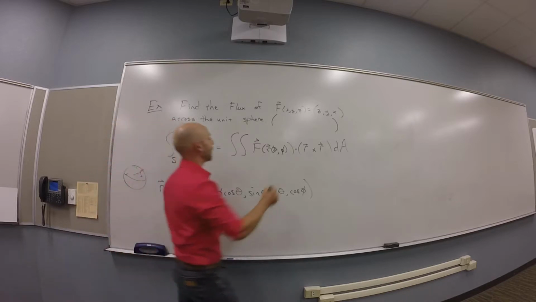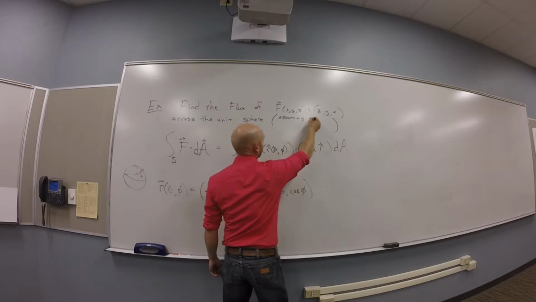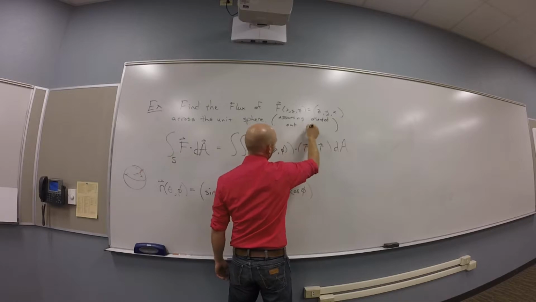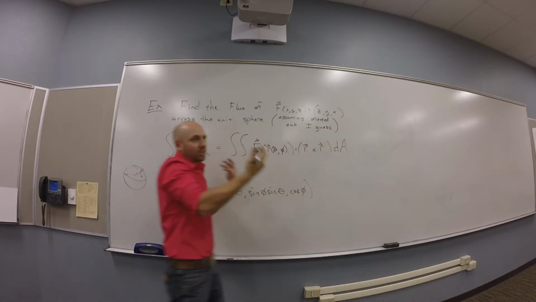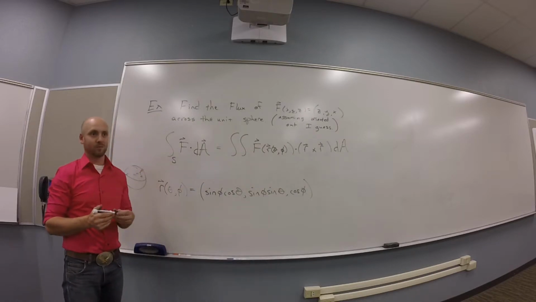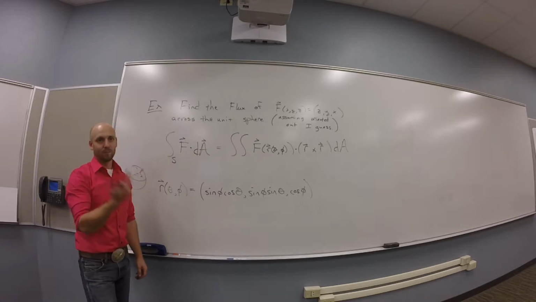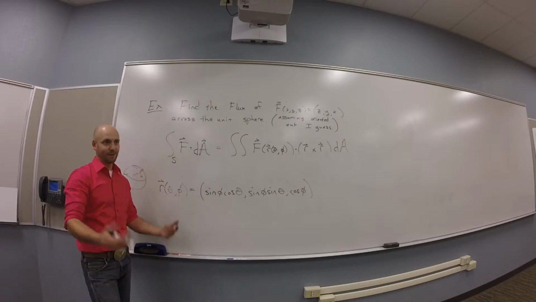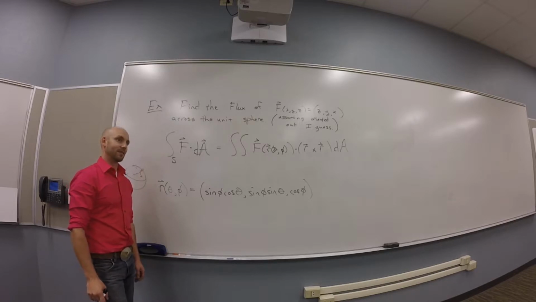So I'm just going to slap that in here, assuming oriented out, I guess. They didn't tell me, so I'm going to make some assumption, and then I'm going to complain about them later to the other people I work with. Steve told me to calculate this thing, but he didn't tell me which way he wanted it to go, so he's an idiot. It needs to be on the outside of the sphere.